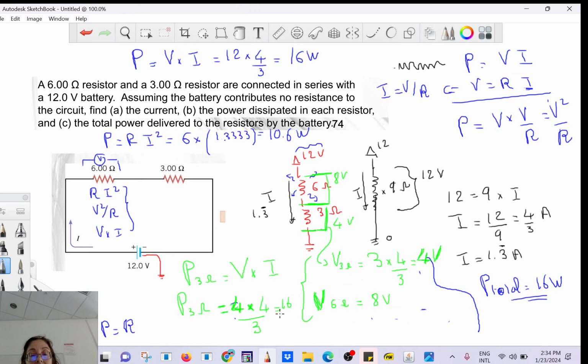So we get 16 divided by 3, which is 5.3 watts. So we get the same thing as before, right? Is that clear? And the power consumed by the 6 ohm will be V times I, so 8 times 4 divided by 3, which is 10.6 repeating watts. Okay?